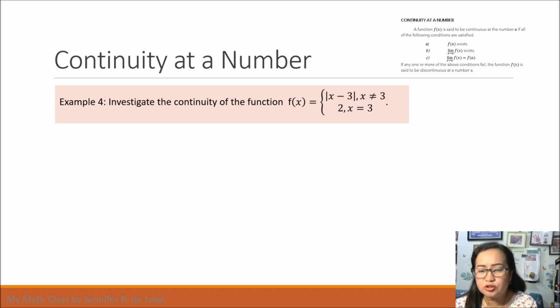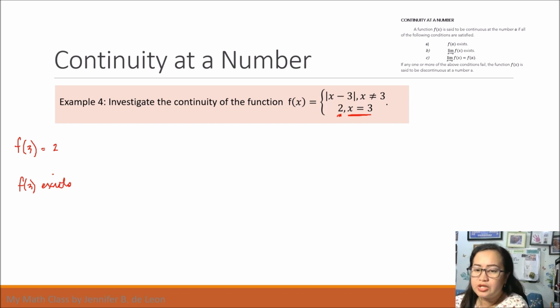So for f of 3, we shall use this function because here we can see that x is equal to 3. So f of 3 is 2, therefore f of 3 exists.